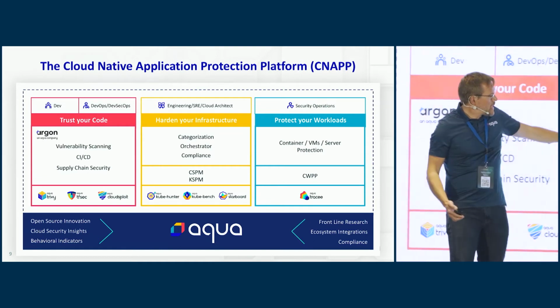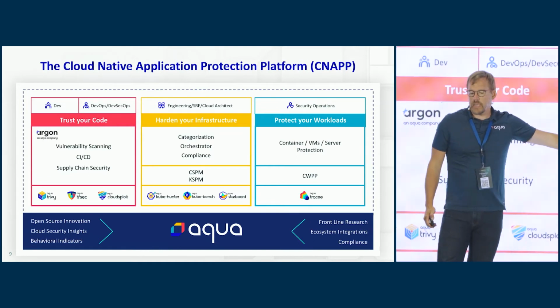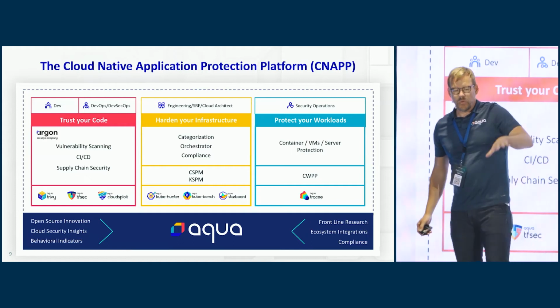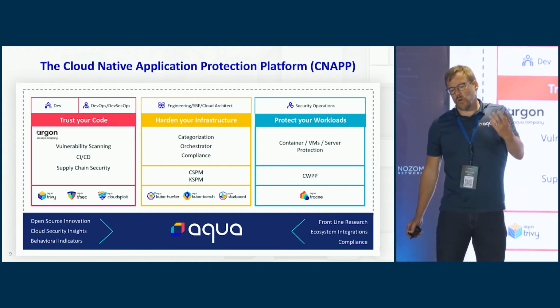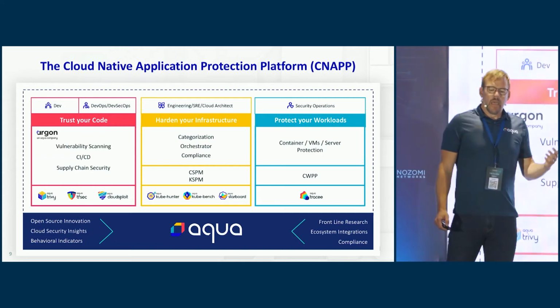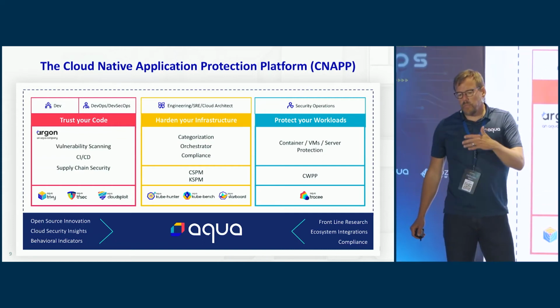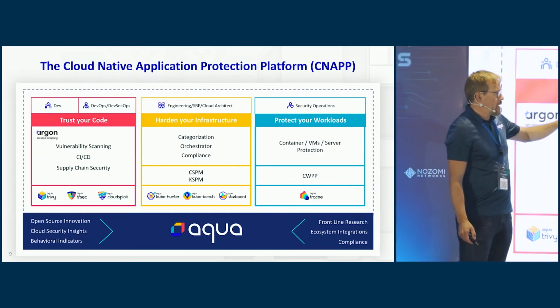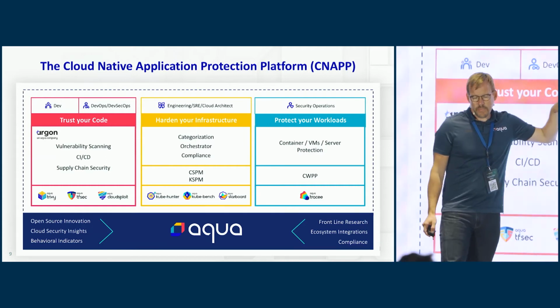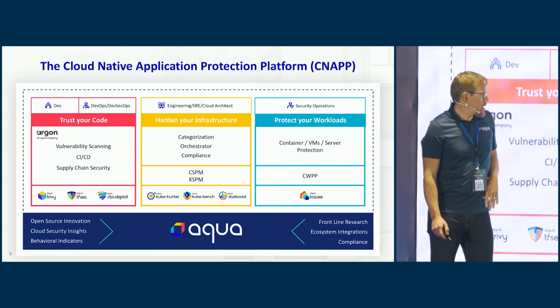And we also audit your Kubernetes infrastructure, so that you can't make misconfigurations, and we can enforce that you, for example, can't configure over-permissions, you can't deploy a container with root permissions, and so on and so forth. So hardening the infrastructure helps you to keep it up and running.